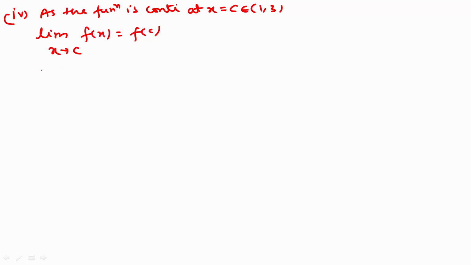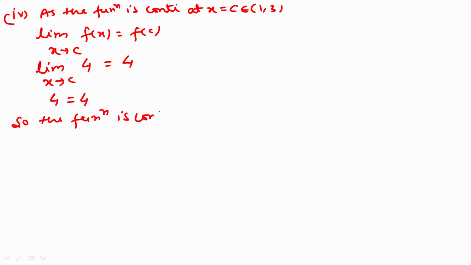Limit x tends to c, 4 is equal to f of c, which is 4. On taking limit, 4 is equal to 4, so the function is continuous at x is equal to c, where c belongs to the open interval 1 to 3.